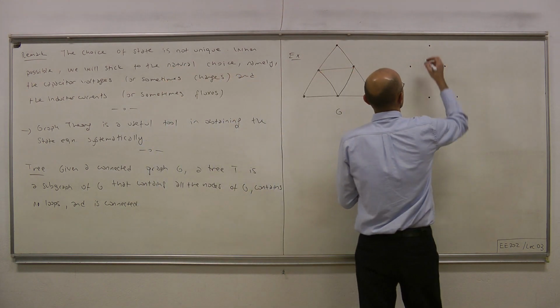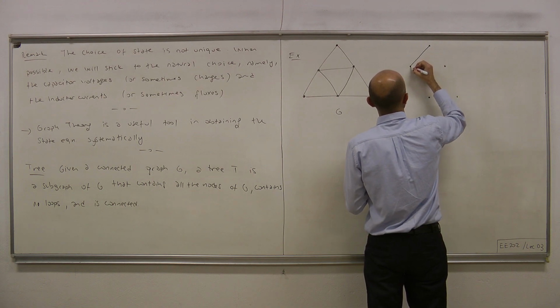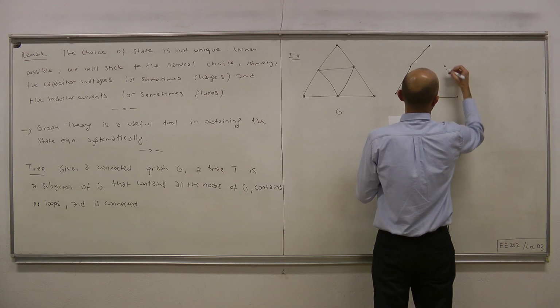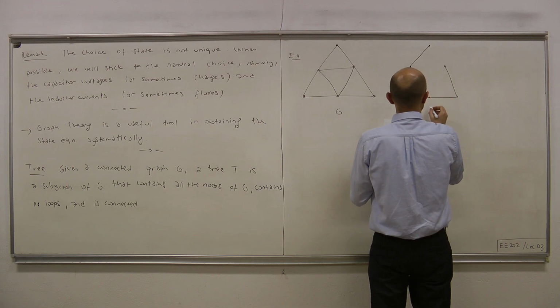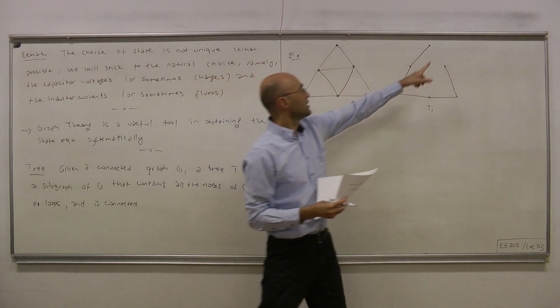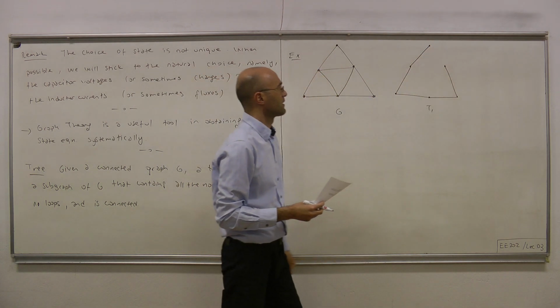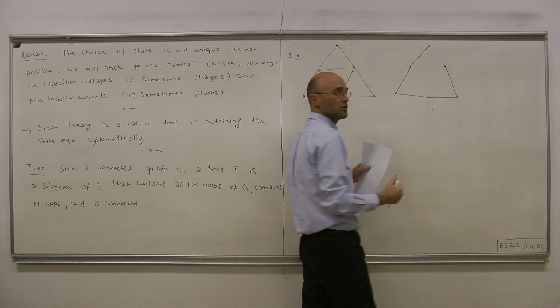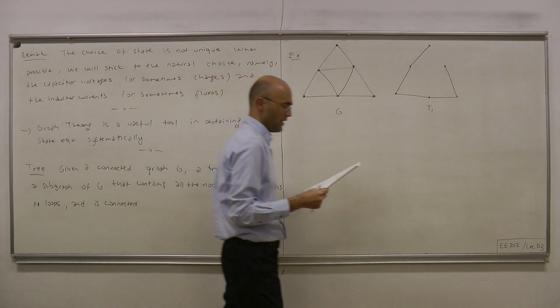For instance, this makes a tree. Okay, let's call it T1. It contains all the nodes, it's connected, okay, clearly, and there are no loops within T1, so that's a tree.